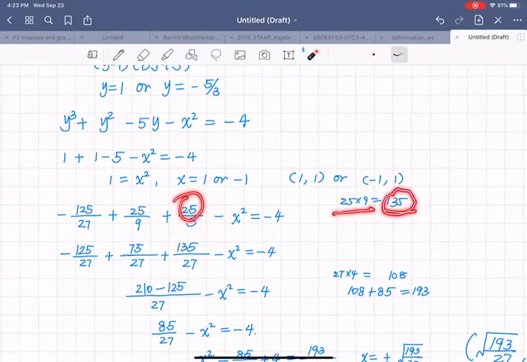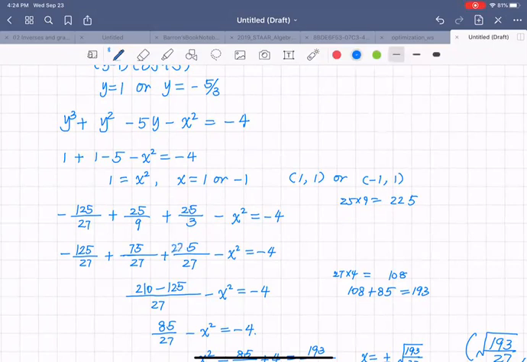Oh, I get the calculation wrong over here. You see? That makes sense? Yeah, I have a careless mistake. 225, right? Okay, that's a problem. 225. So everything is wrong over here.